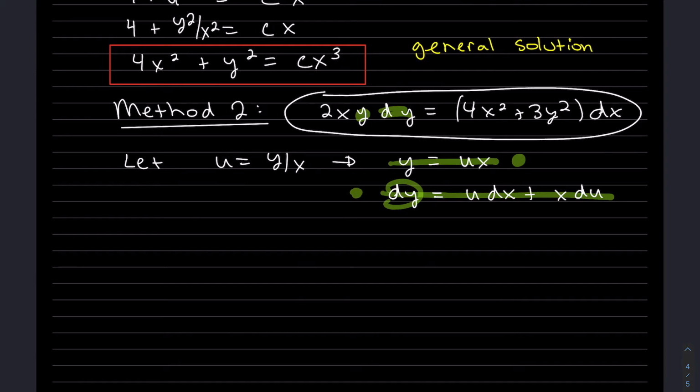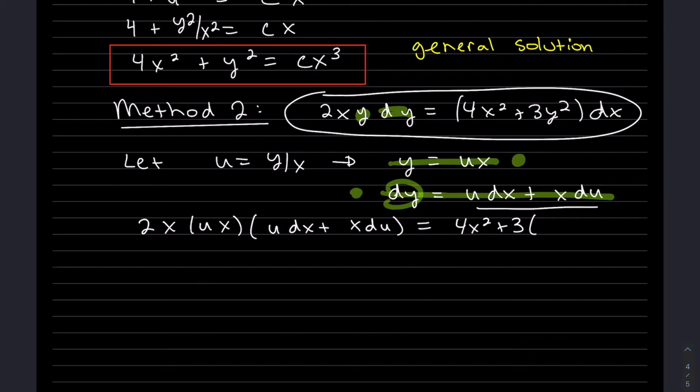Okay? So 2x instead of y is ux. Dy is this. And then 4x instead of y, we do this. X quantity squared, and we keep dx.